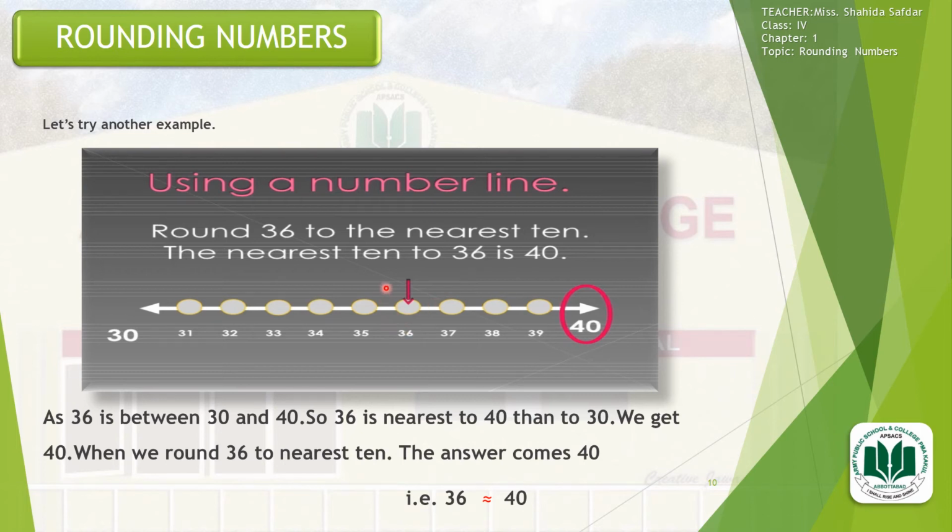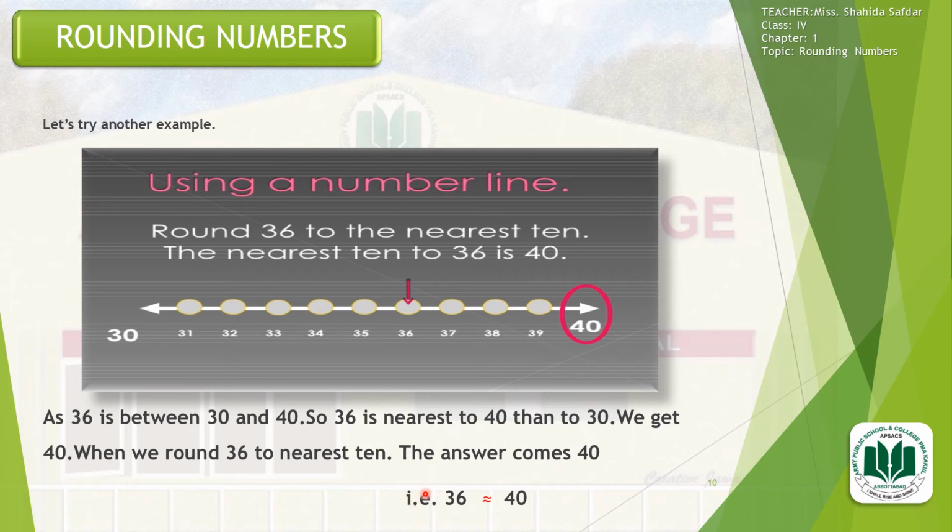As you can see, 36 is close to 40 rather than 30. So the answer which we will get will be 40. That is, when we round 36 to nearest 10, it will be equal to 40.